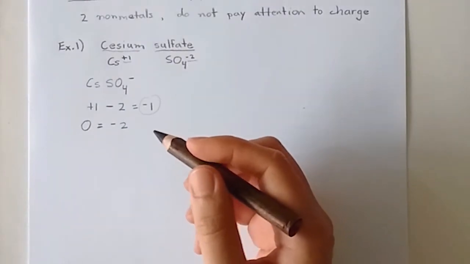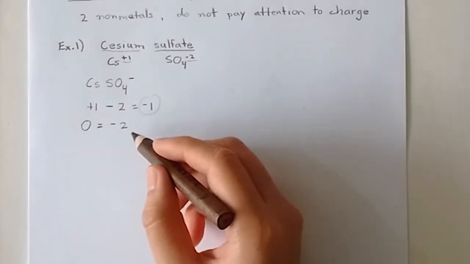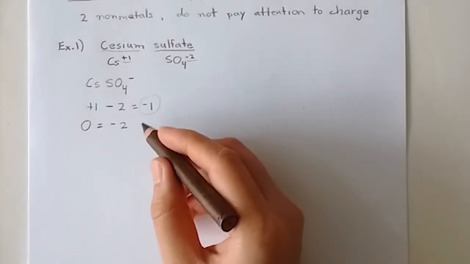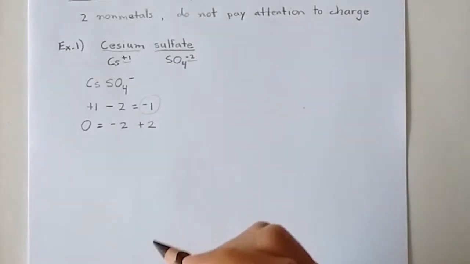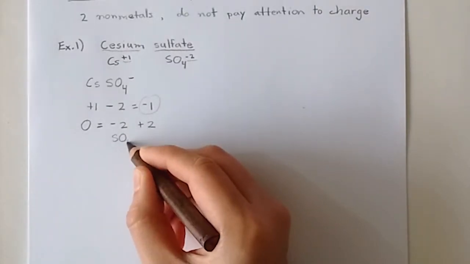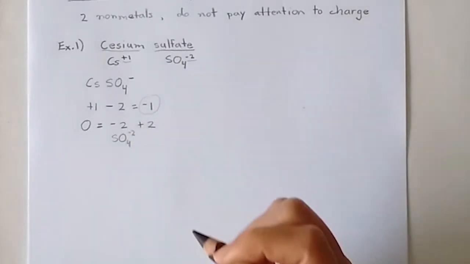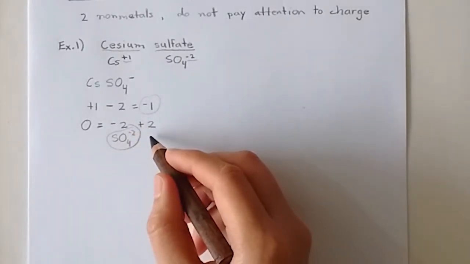And here we know that if we add +2 to -2, we'll get 0. So this is the charge of the sulfate ion, because it has a -2 charge. And this is the total charge from cesium.